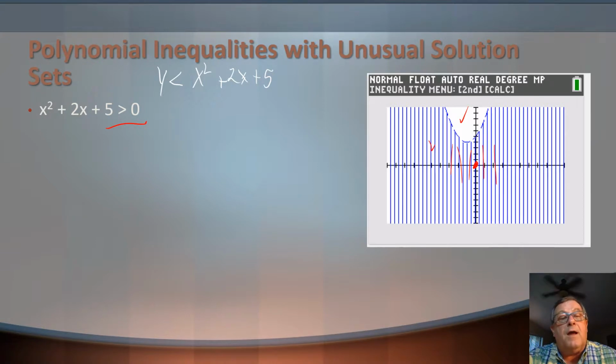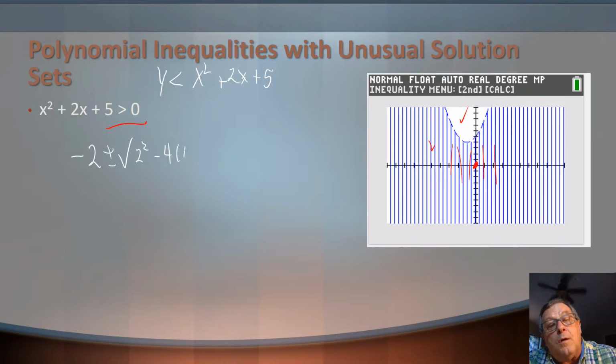Now we might be asking, why don't we have any x-intercepts in this thing? Well, if I look at x squared plus 2x plus 5, two numbers that would multiply to 5 and add to 2, well, 5 and 1 are the only two numbers, and there's no way I can get that to add to 2. So what would I end up doing? I'd end up using the quadratic formula: negative b, where b is 2, plus or minus the square root of b squared, or 2 squared, minus 4 times a, which is 1, times c, which is 5, all over 2.